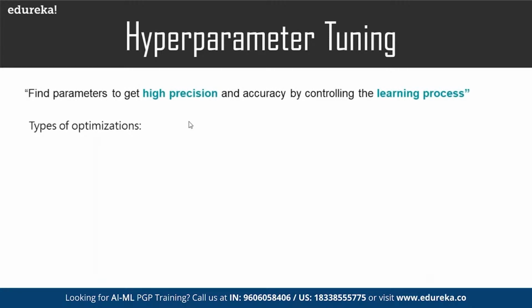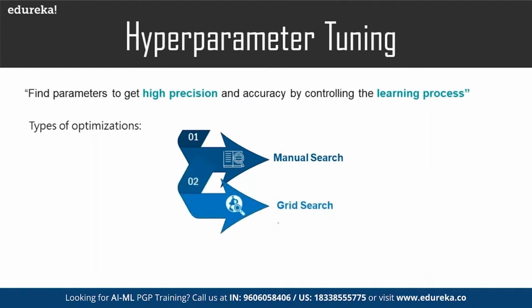And we have types of optimizations here. As a part of hyperparameter tuning, we have different types of optimization techniques, which of course fall under hyperparameter tuning. One is manual search, grid search, and random search. I was already talking about neural architecture search.